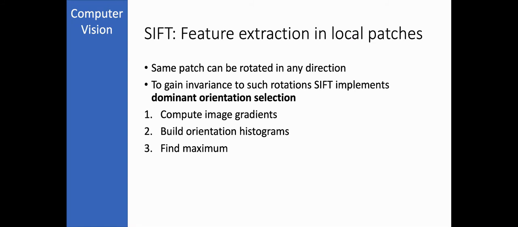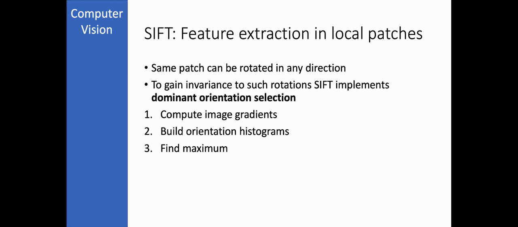The second part is that I have to extract features within those circular patches. The same patch can be rotated in any direction. The previous method that we've seen was looking at the gradient magnitude. Now, the gradient magnitude was really rotation invariant, but maybe it loses some information. In SIFT, another strategy is devised.